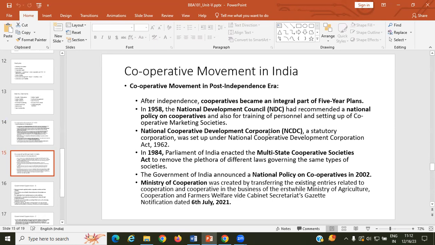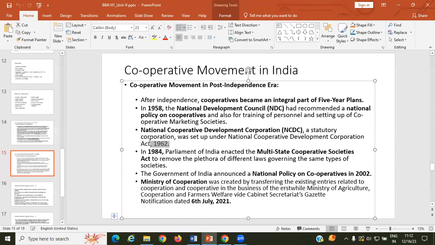The National Cooperative Development Corporation, NCDC, a statutory corporation, was set up under the National Cooperative Development Corporation Act, created in 1962. These are the important activities that happened after independence. So we'll understand before and after independence. This is the trend of how the cooperative movement happened in India.